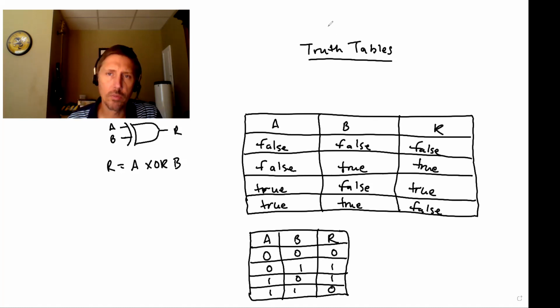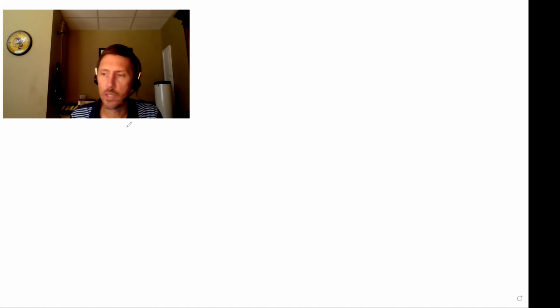I'm not going to do the last one, but I'm just going to show it to you. This is the last kind of problem you could do a truth table for. I might give you a diagram that looks like this. We have A and B right here, and this is an AND gate; we should recognize that symbol.